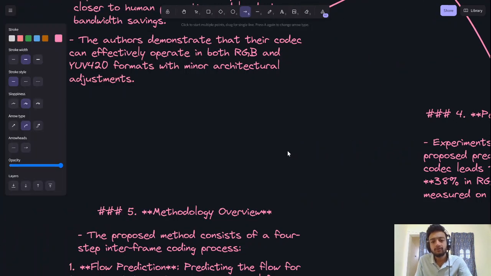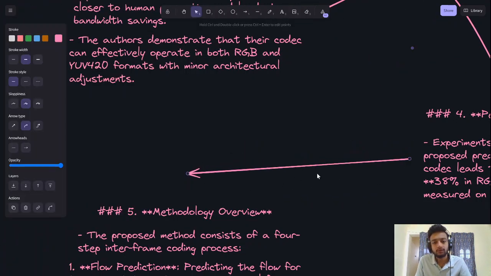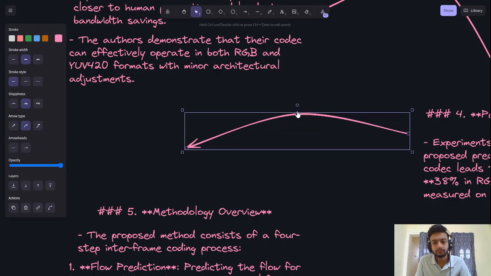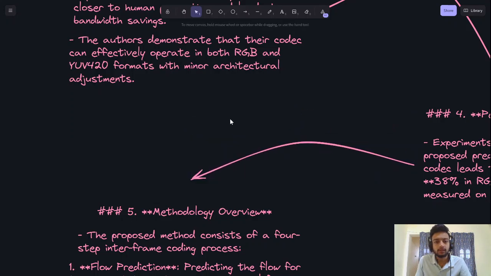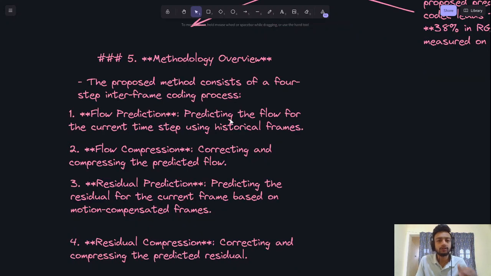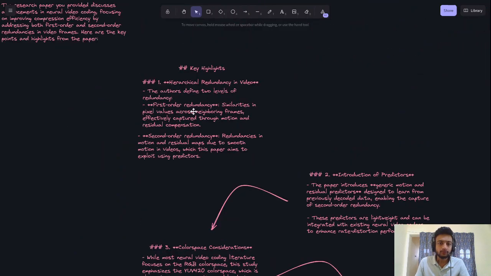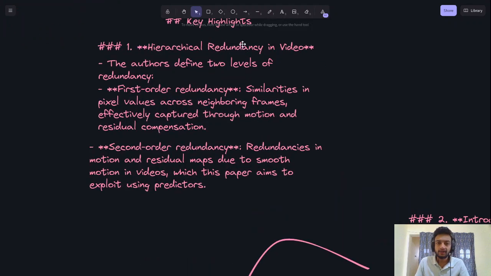And quickly, if I jump on to the next topic, that would be my methodology overview. The proposed method consists of four steps in the interframe coding process. We talked about hierarchical redundancy in video.